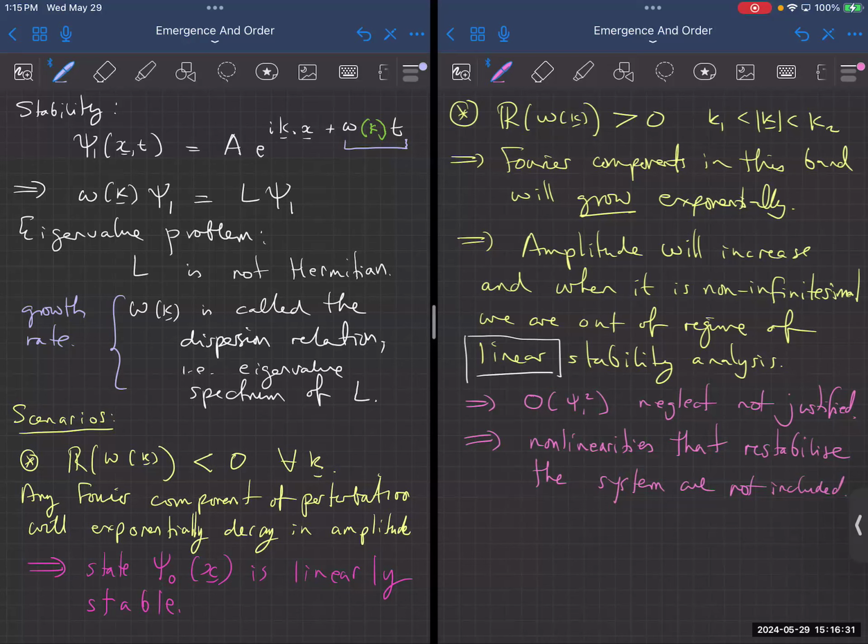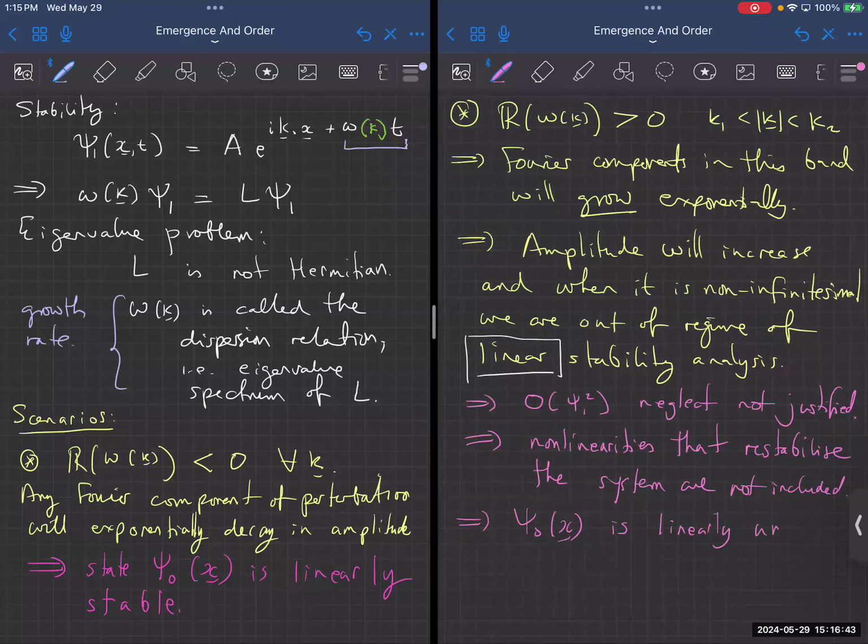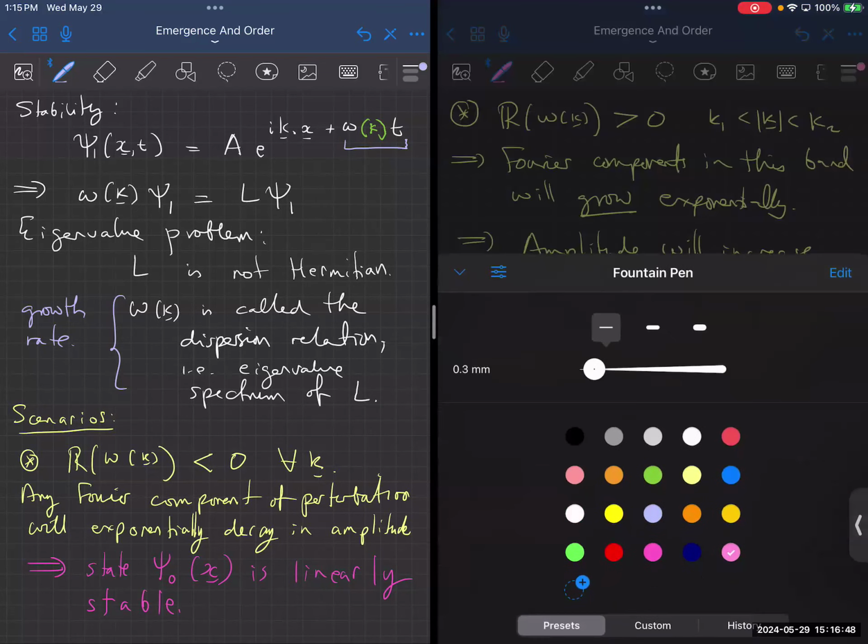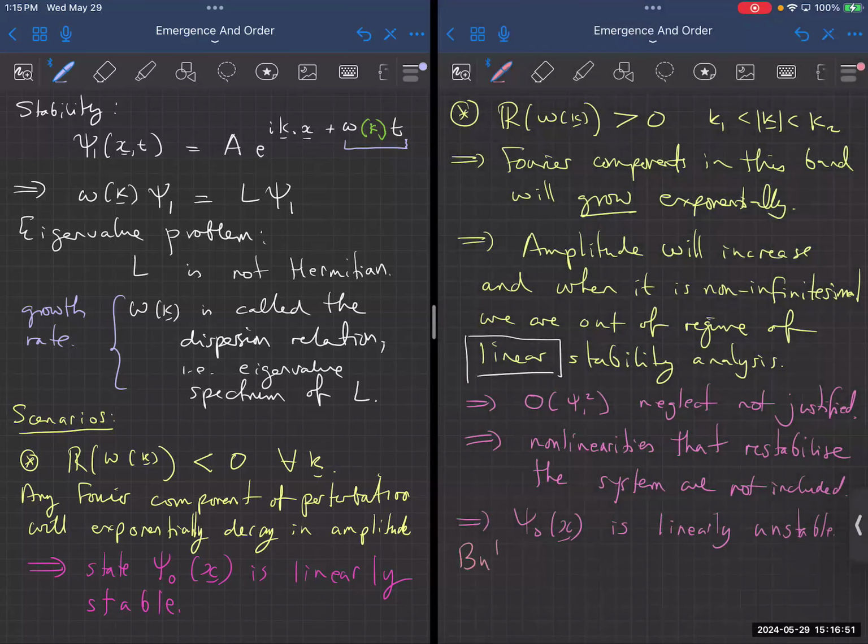And so all we can say is the state that we started with, psi naught, is linearly unstable. But we can't say what it's unstable towards. We can't say to what it is unstable.